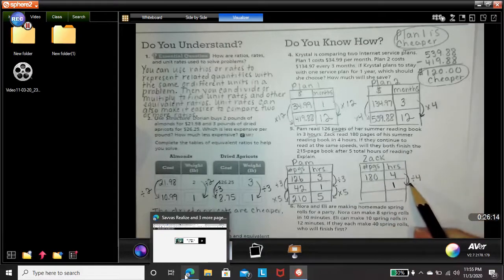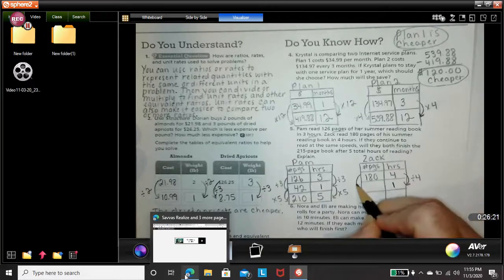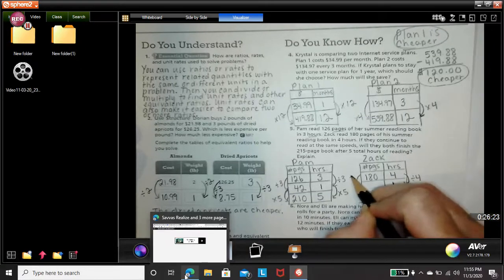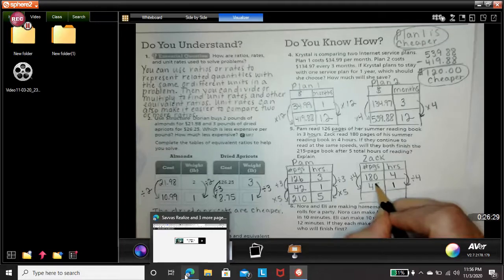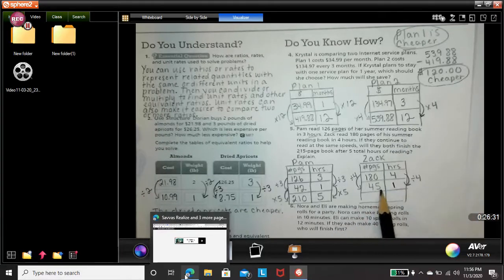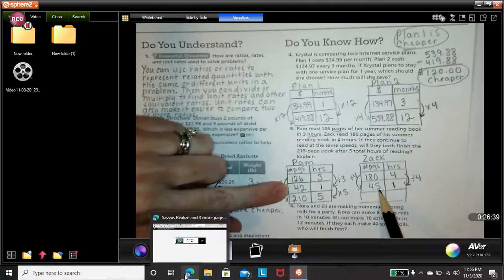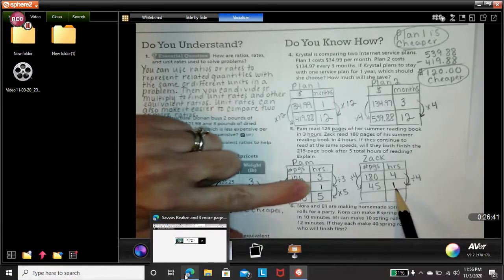Here we need to divide by 4 to go from 4 hours to a single hour. We're going to then divide by 4 on the other side. And 180 divided by 4 is 45. So just based on the unit rate, you can tell who's the faster reader. Zach is able to read 3 more pages than Pam every hour.